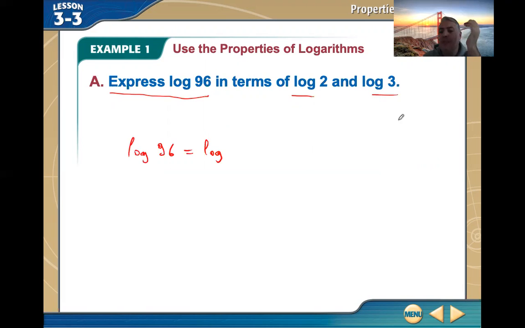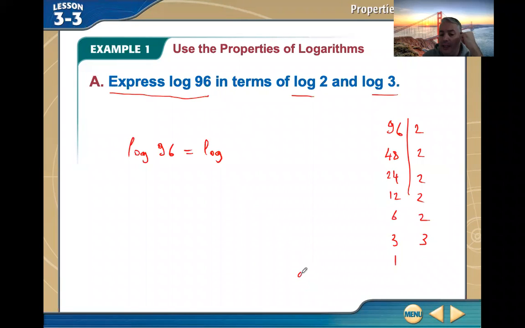It takes time, so let me use prime factorization. Everyone knows this. So 96 divided by 2 is 48, divided by 2 is 24, divided by 2 is 12, divided by 2 is 6, divided by 2 is 3, divided by 3 is 1.